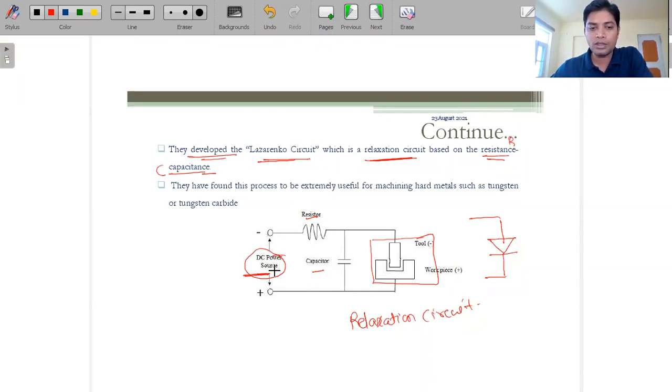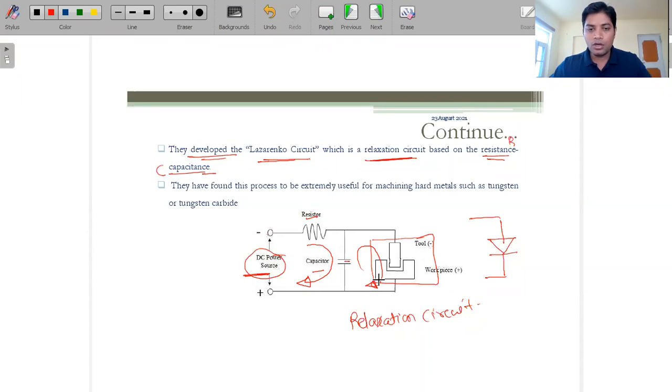So we are using this power supply and we are charging. Once we initiate the power, current will flow, and when this current flows, it charges the capacitor of the circuit. Once the capacitor is charged, after that we use this circuit. Please keep this in mind. I'm just briefing you here, but I will discuss it in detail in the analysis part.